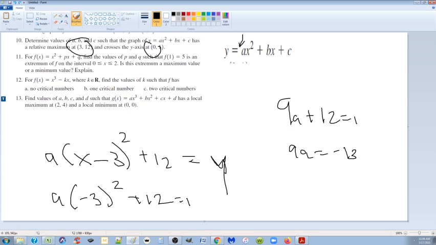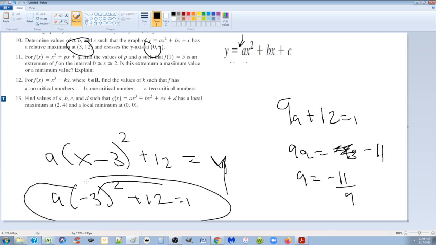It's x minus 3 plus 12, and that's a point on it. So I can take that for 1 and that for 0. So far, so good. Oh, I got it here. It's not minus 13, it's minus 11. So a is equal to minus 11 over 9.